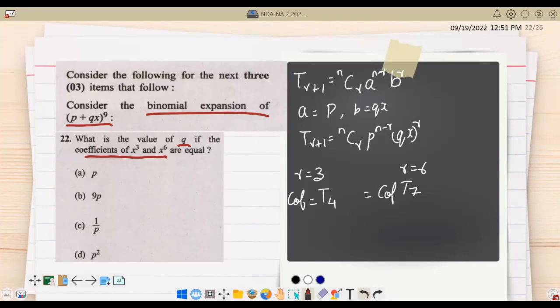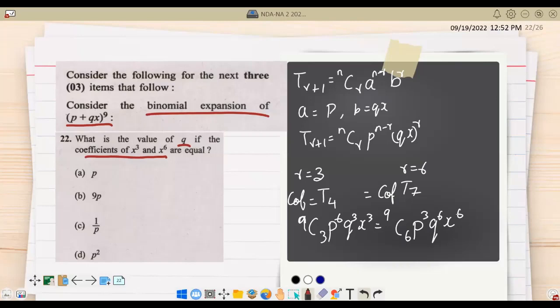So the coefficient of T4 is 9C3 p to the power 9 minus 3, 6, and q power 3 x cube equal to, here it is 9C6 p to the power 3 q to the power 6 and x to the power 6.